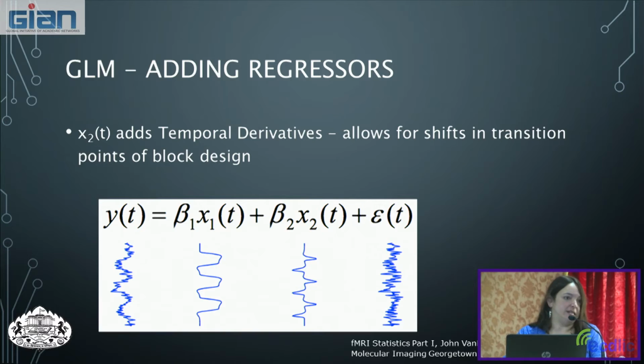So this is just an example of how we might say, okay, our observed data Y is now a function of our model, which would be that first X1, our turning on and off of the task. And we could add, again, another predictor. Maybe the first derivative, in this case, might allow for time shifts or variations in our design. And so we could add this as another parameter to try to predict our data. And then in this case, we would get 2 beta weights for our model.